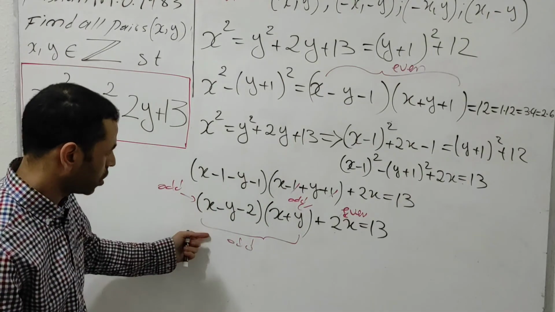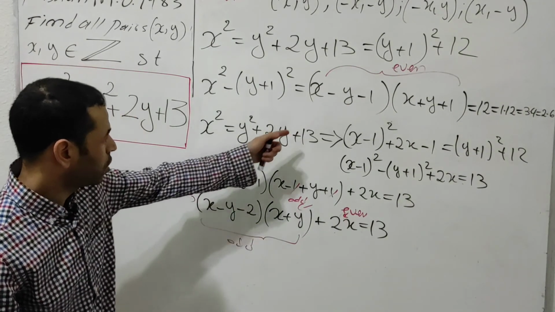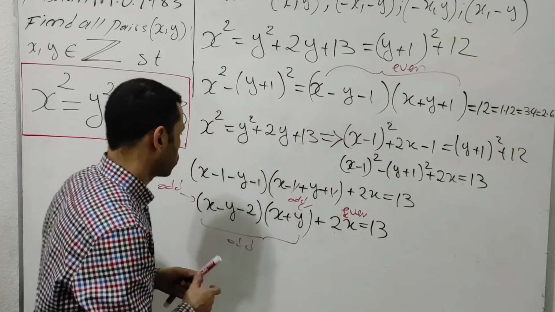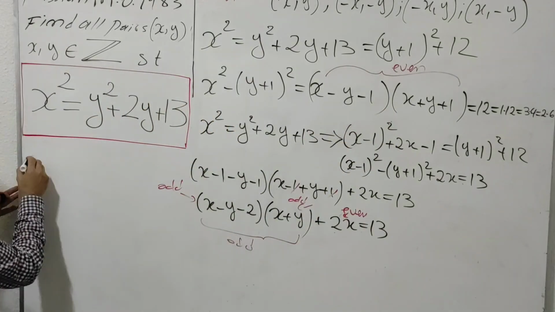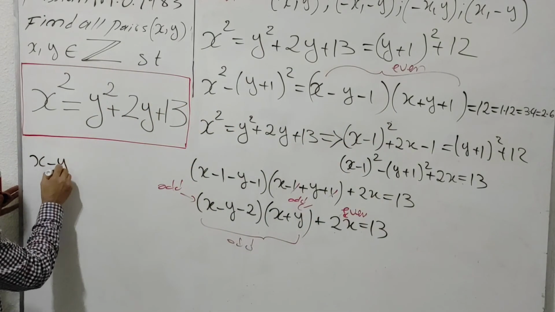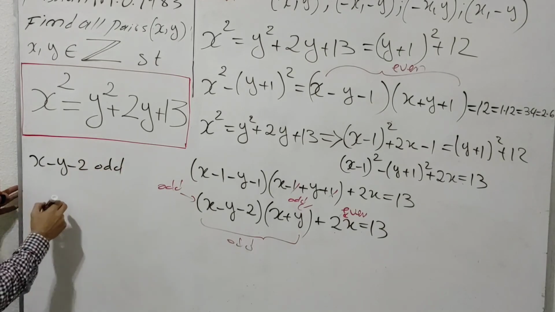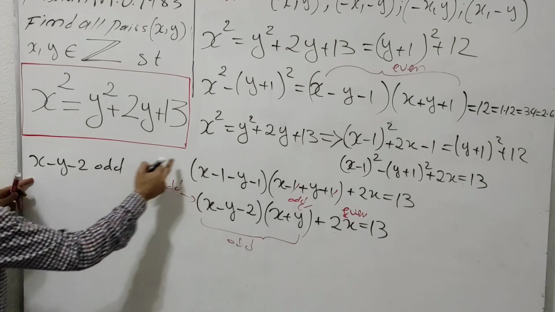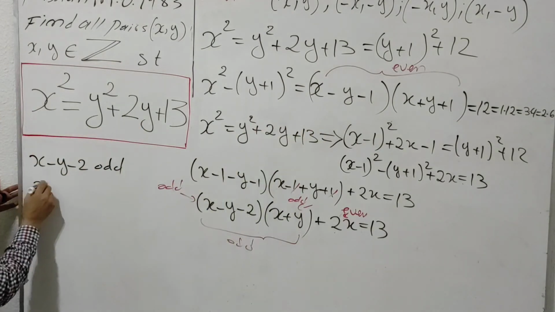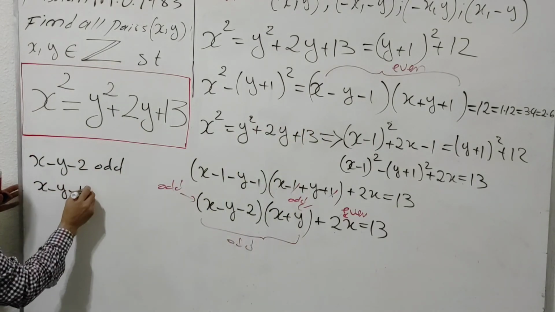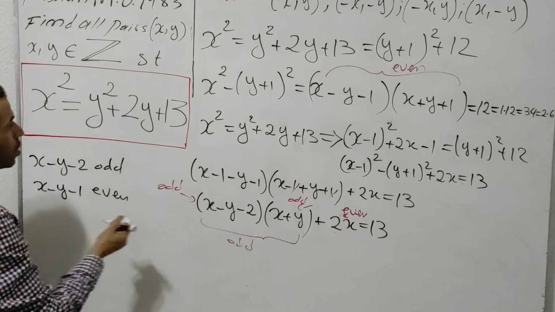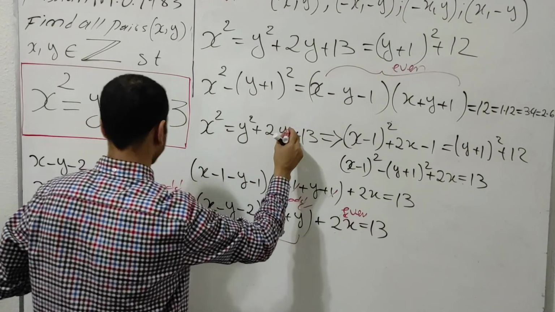So we know x minus y minus 2 is odd. That means x minus y minus 1 is even. Let's put it here: x minus y minus 1 is even.